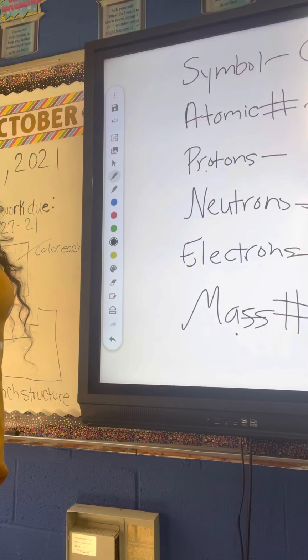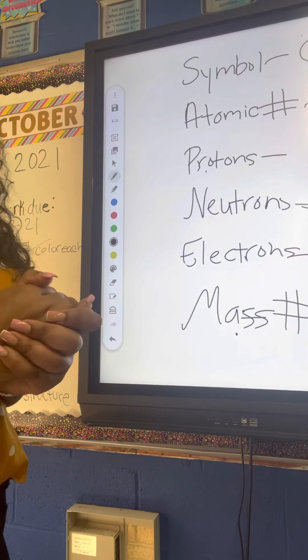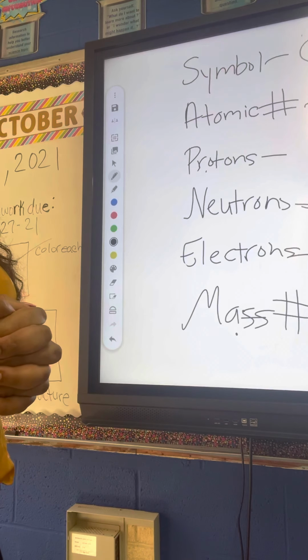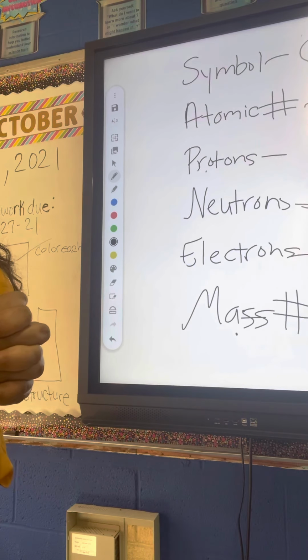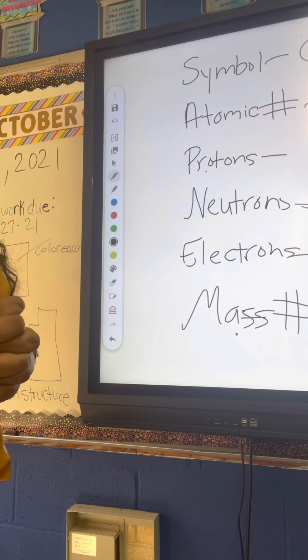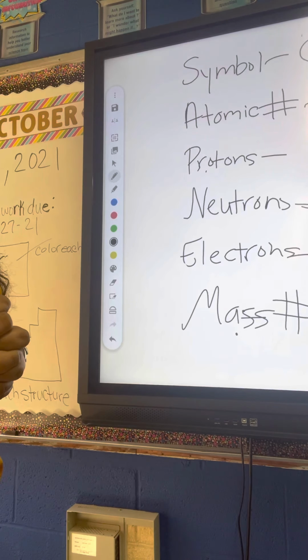And how do we get our number of neutrons, Mr. Tenor? What is our first step? You round your mass number. Round your mass number. Good. So what is your mass number? 16. So what is our next step? Subtract 8 from 16.